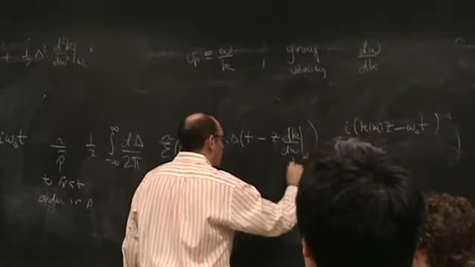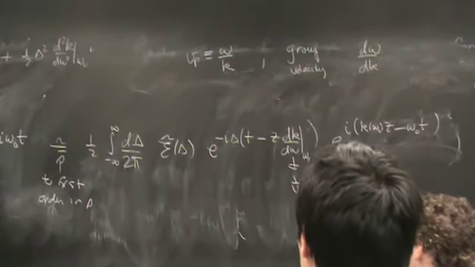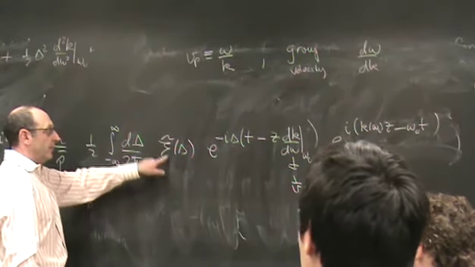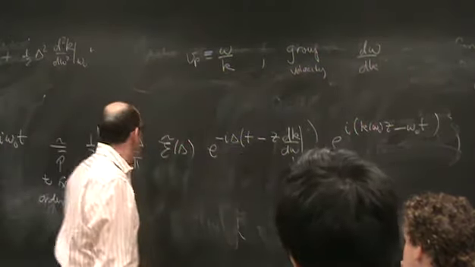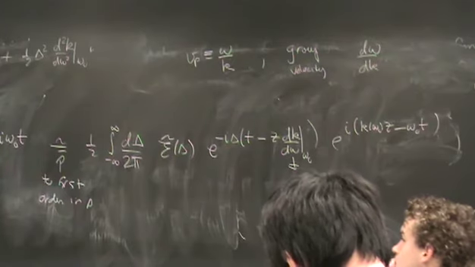The derivative dk by d omega is equal to 1 over the group velocity at that frequency. And this is nothing more than the inverse Fourier transform evaluated at this point. And so we end up with the following final answer, which we will analyze.